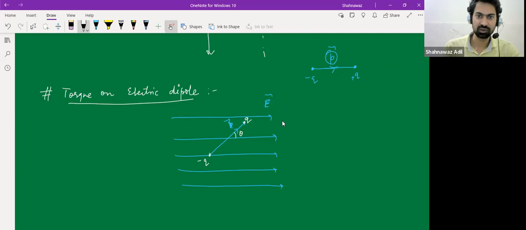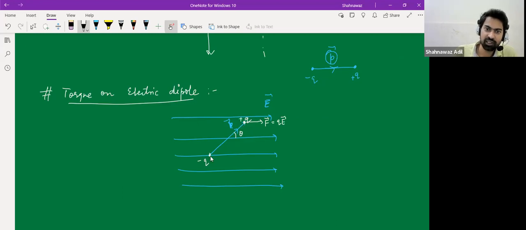Now what would be the force that acts on this charge and the force that acts on this charge? Saad, what would be the direction of the force on this charge? It would be right, sir. Yes, now you are correct. This force is in the direction of the electric field because this is a positive charge.